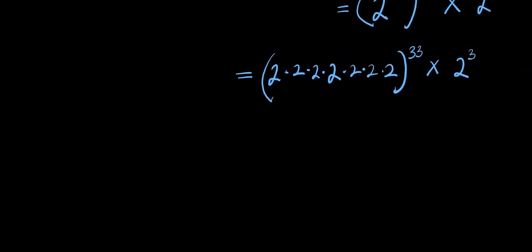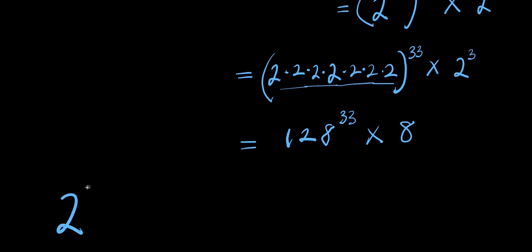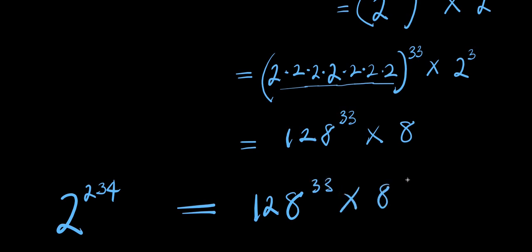So from here, we will simply have 2 times 2, 4, 4 times 2, 8, 8 times 2, 16, times 2, 32, times 2, 64, times 2, 128 to the power of 33 times 2 to the power of 3, which is 8. So that means 2 to the power of 234 equals 128 to the power of 33 times 8.